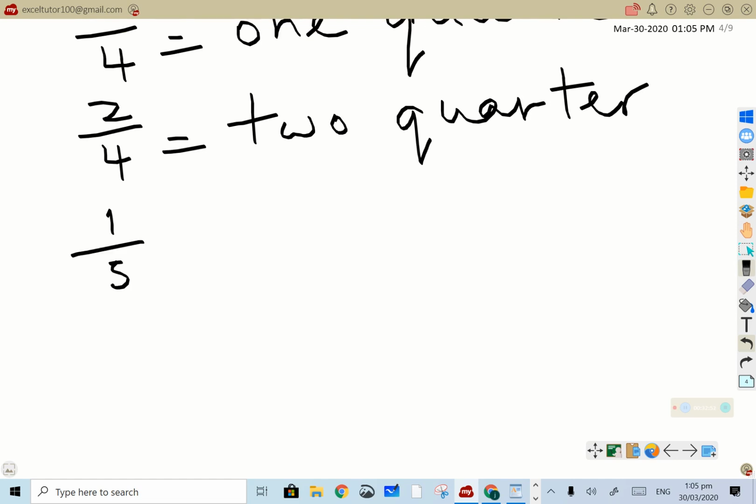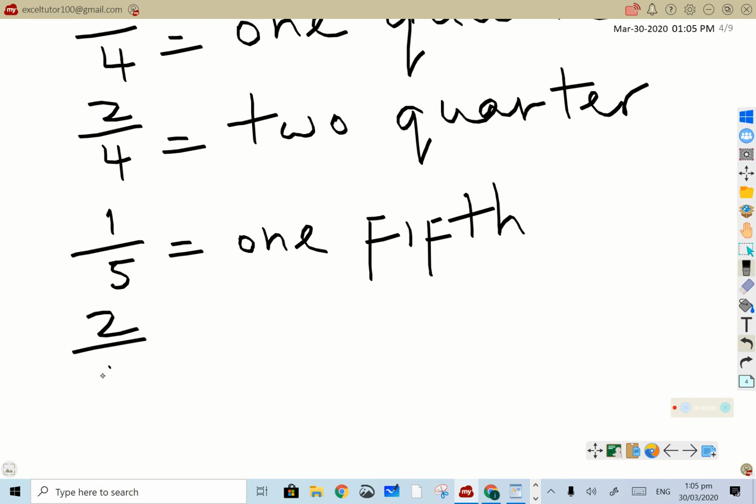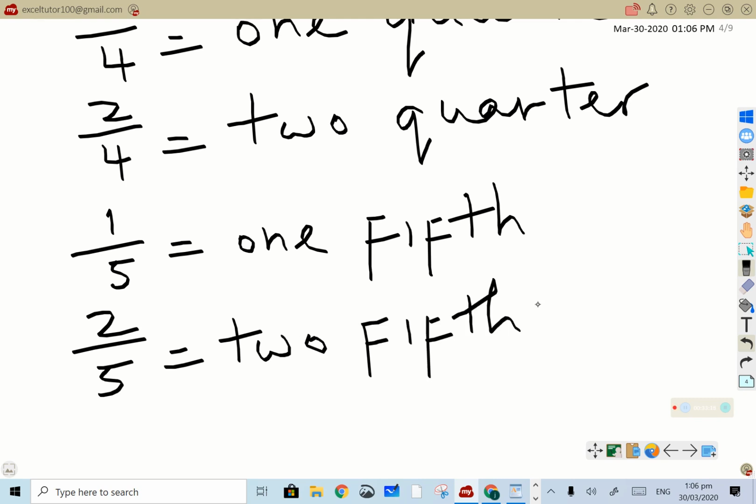If it is divided into 5 parts, we say one fifth. If it is 2/5, we say two fifths, three fifths, and so on.